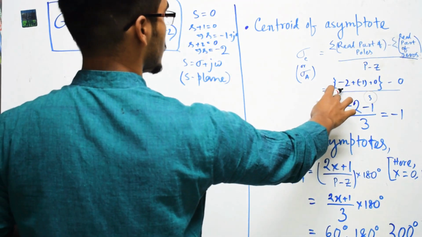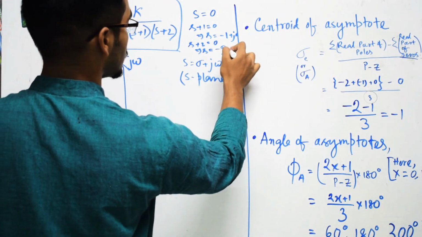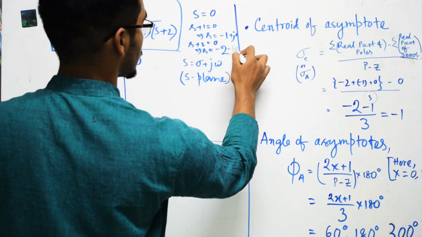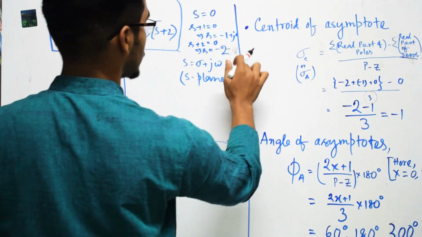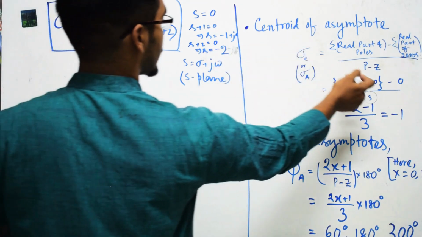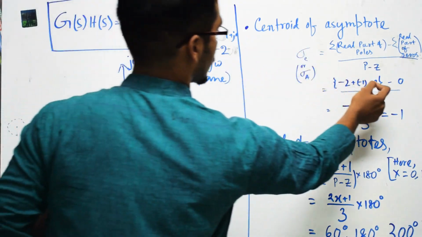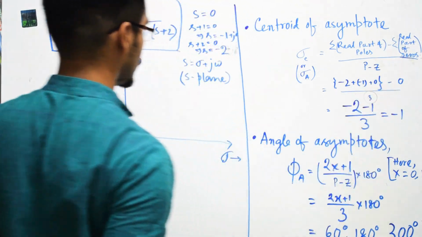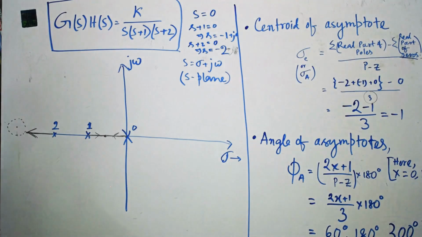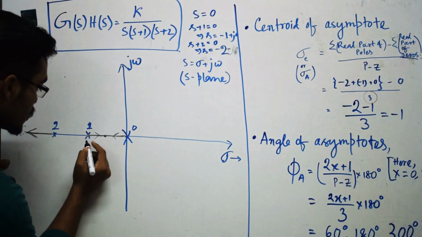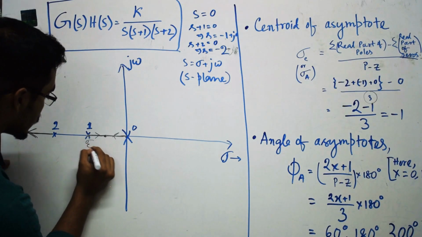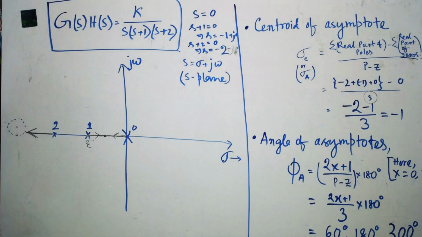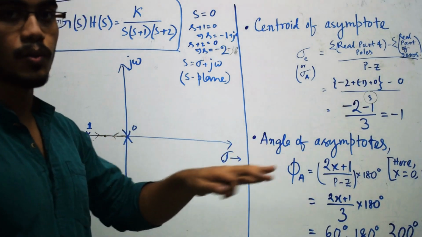Those are minus 2, minus 1 plus j0, and 0. We consider only the real part, that is minus 2 plus minus 1 plus 0. So total minus 3 by 3, that is minus 1. So the centroid will be positioned at minus 1. That is just a coincidence.